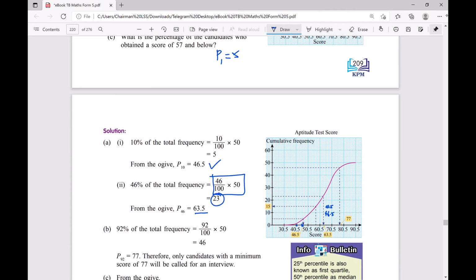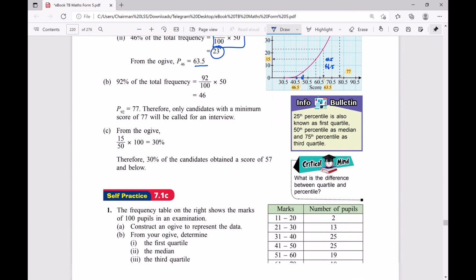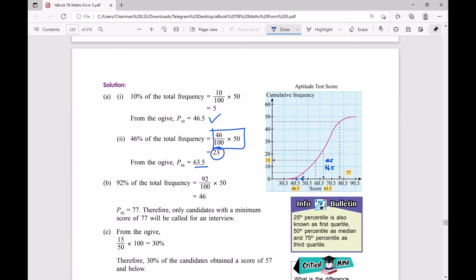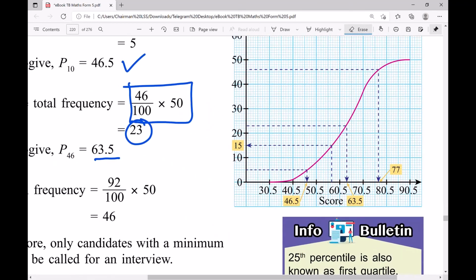So you go and find 23 over here from the graph. 23 is here. So you get a value here, 63.5.